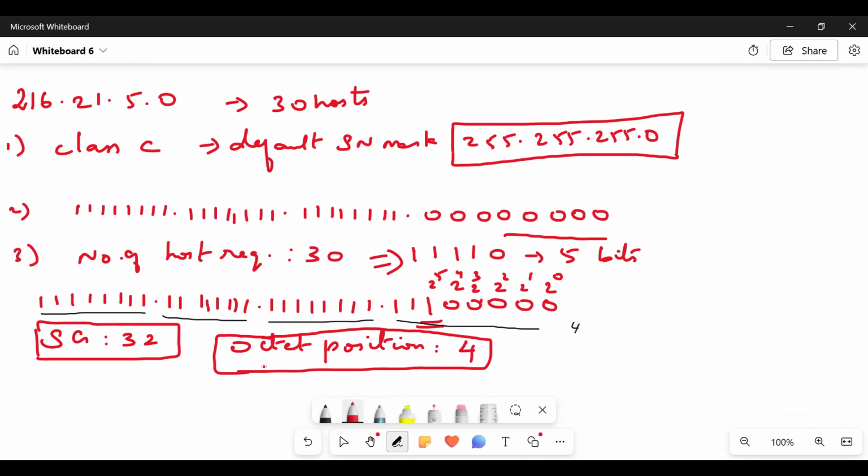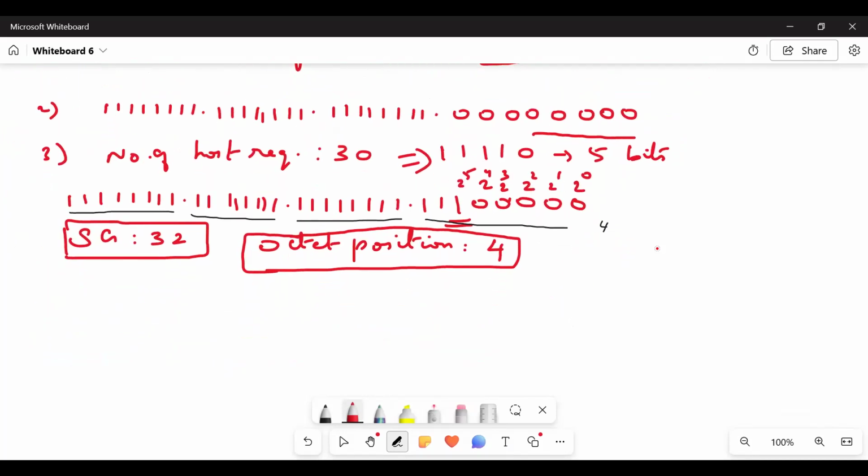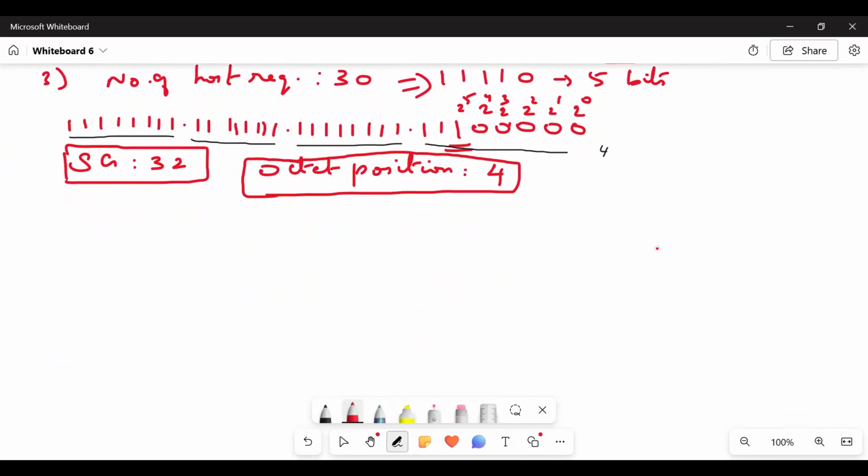Okay. Now we are going to find the new subnet mask. So our fourth step is the new subnet mask. So what is the new subnet mask?